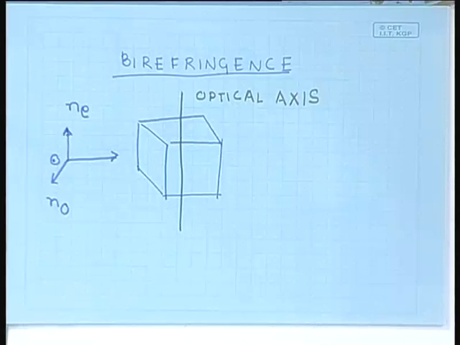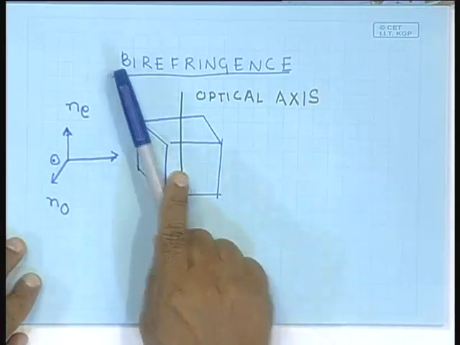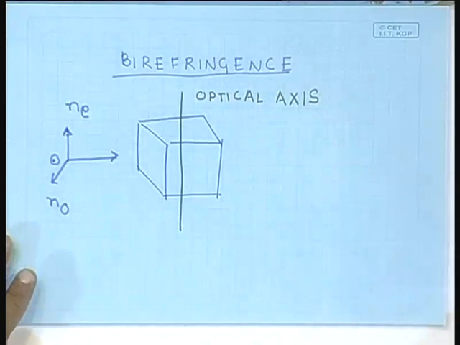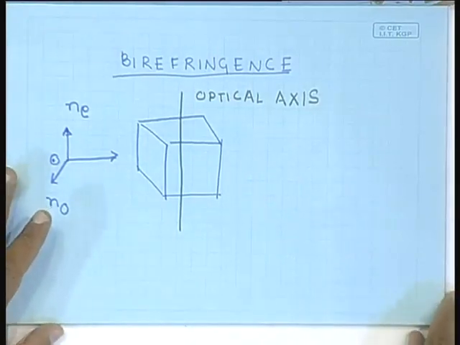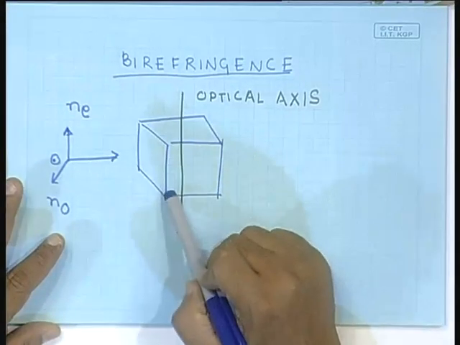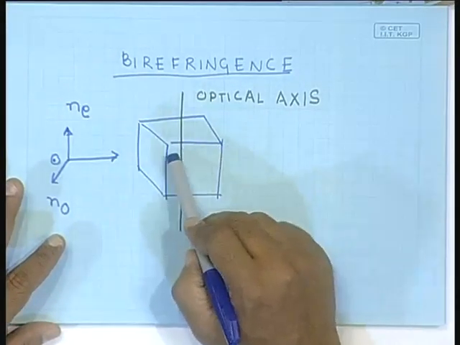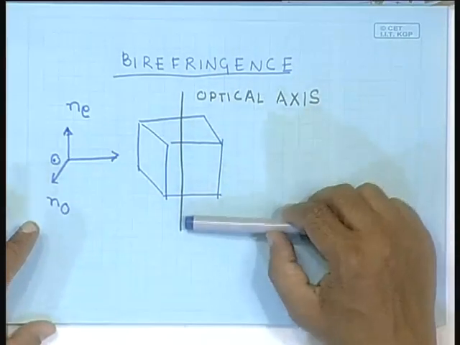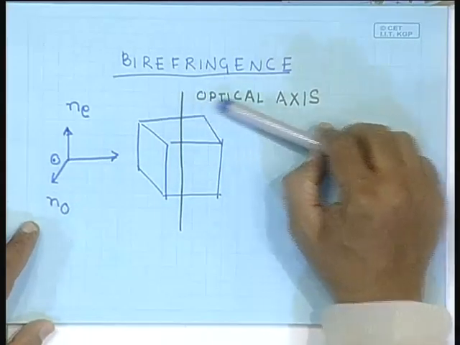So, let me repeat, we are discussing birefringence and we are going to take only a particular situation which is simple to analyze. We are considering a material, a crystal as shown over here. It has a preferred direction called the optical axis.